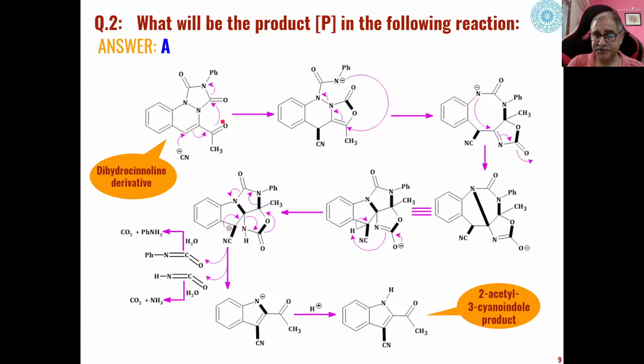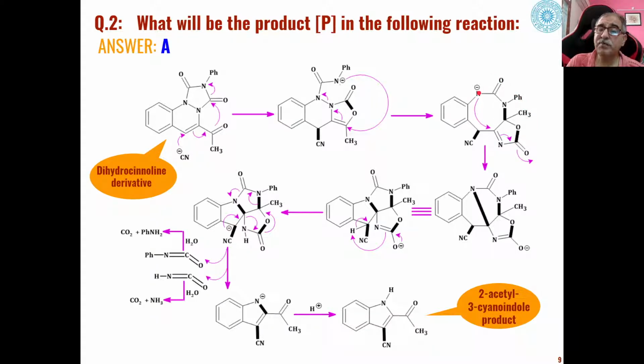Basically you can see that the cyanide ion has added to the alpha-beta unsaturated ketone part, and then the negative charge present on nitrogen will attack this carbon-carbon bond, and nitrogen will get attached to this place, whereas this will move to this place, and this nitrogen-nitrogen single bond will break to give us a ring expansion intermediate of this type.